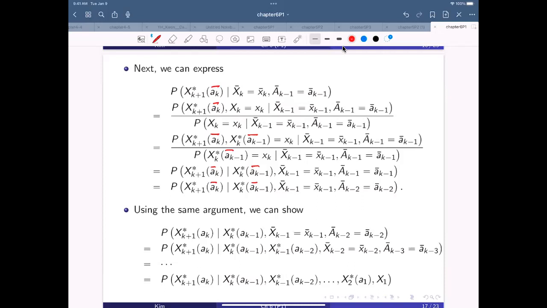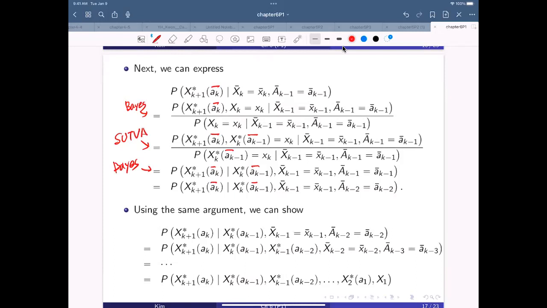So this is also Bayes, this is SUTVA, this is Bayes. Which one should be sequential ignorability? The circle, the third equality?